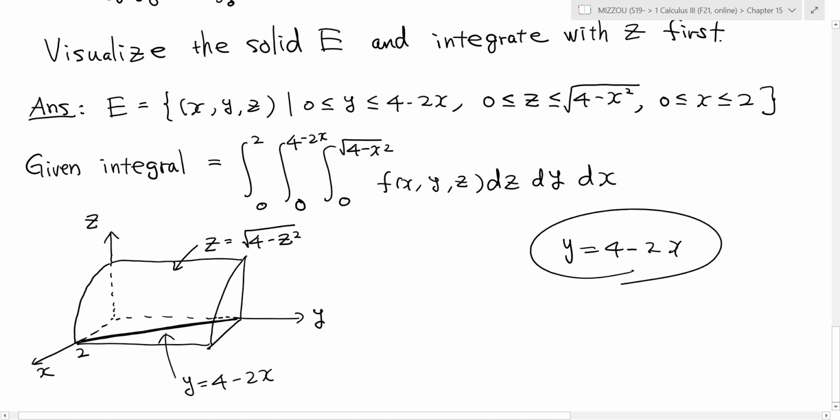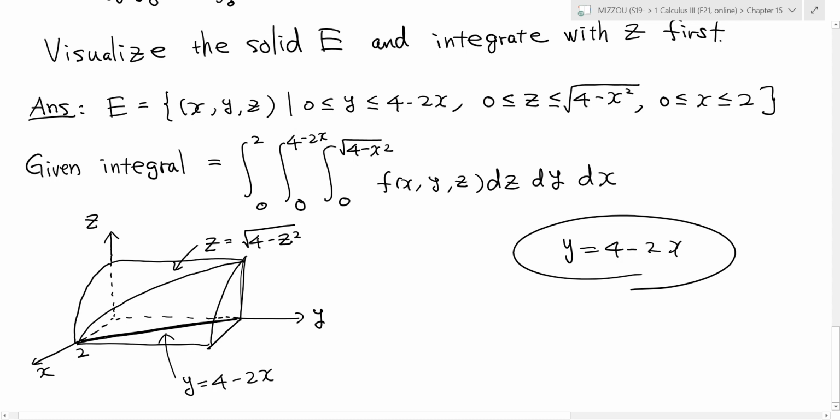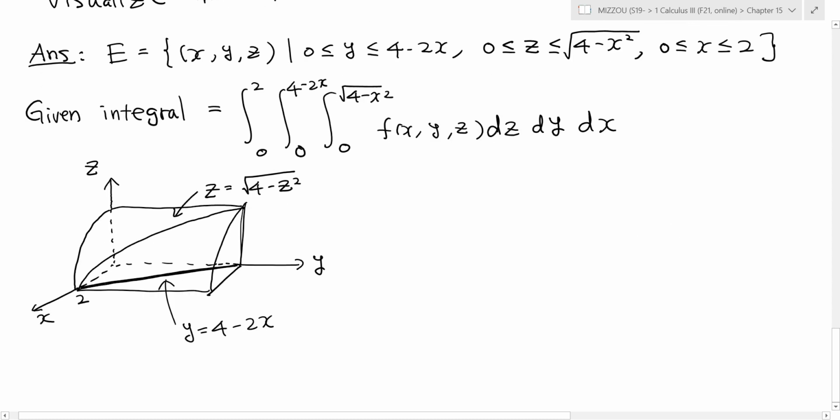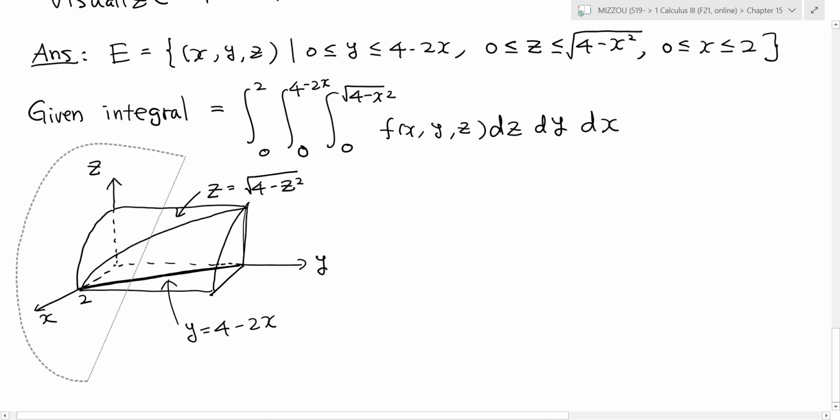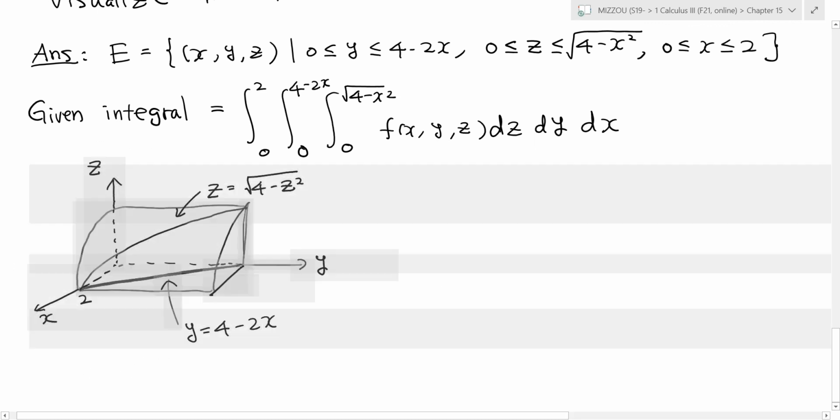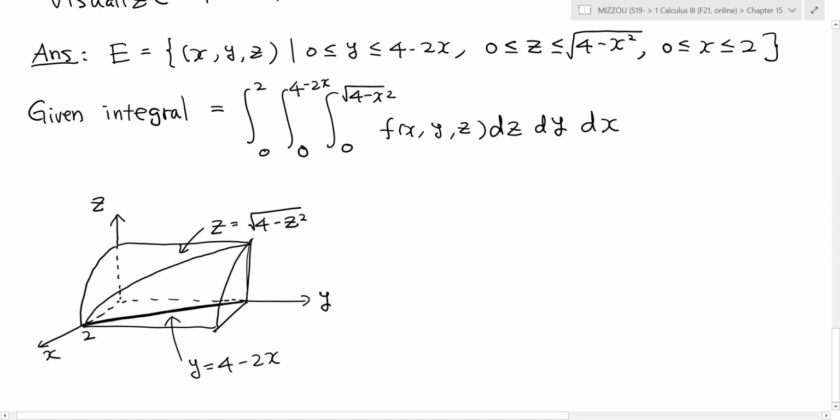No z appears here, so it's independent of z. That means it's parallel to the z-axis. So what you have to do is to cut this cylinder by the plane defined by this. So it turns out that the solid of integration, let me move it a little bit, looks like this.